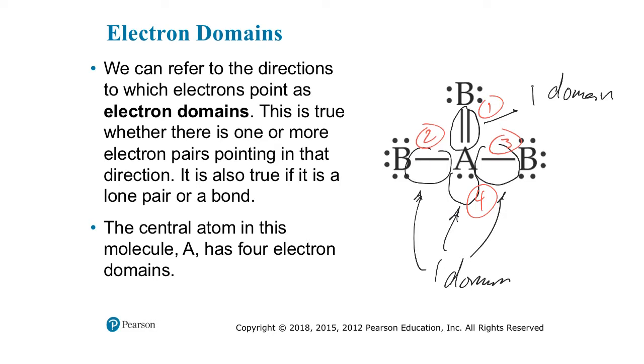So the molecule here is going to have a shape as a function of all of the domains. 4 domains can best spread themselves out in a tetrahedral arrangement. So the electron domain geometry would become the tetrahedral shape. And then we're going to try to name the geometry that emerges from just where the actual atoms are connected.